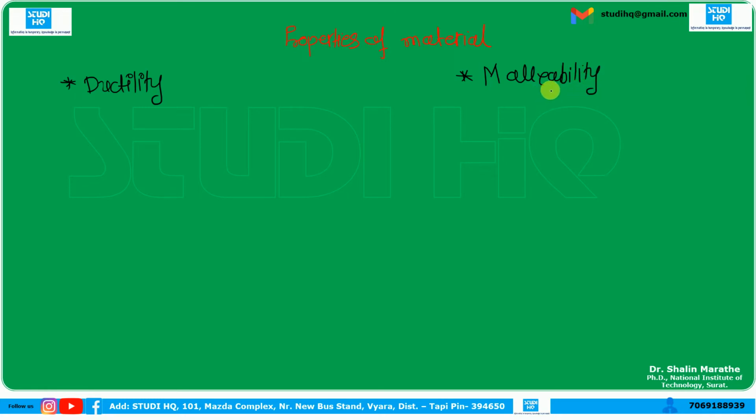Okay, these two properties are very much mixed up by the students appearing for the competitive exam or appearing for the interview. So let me give you a very crisp idea about what is the basic difference between these two properties.